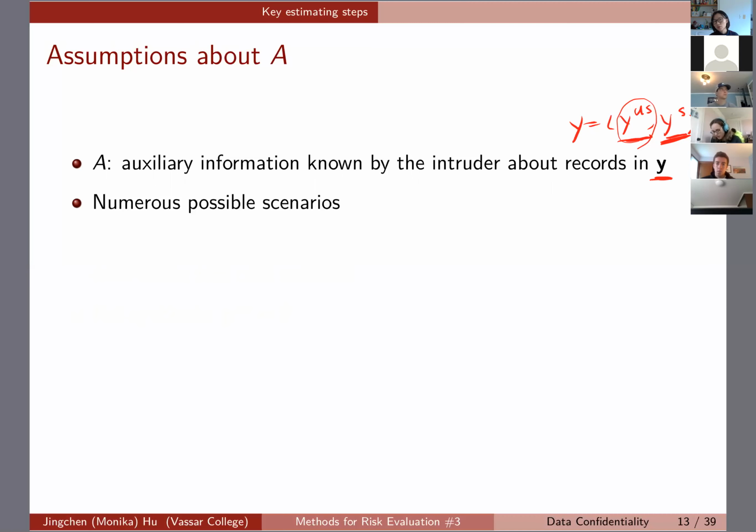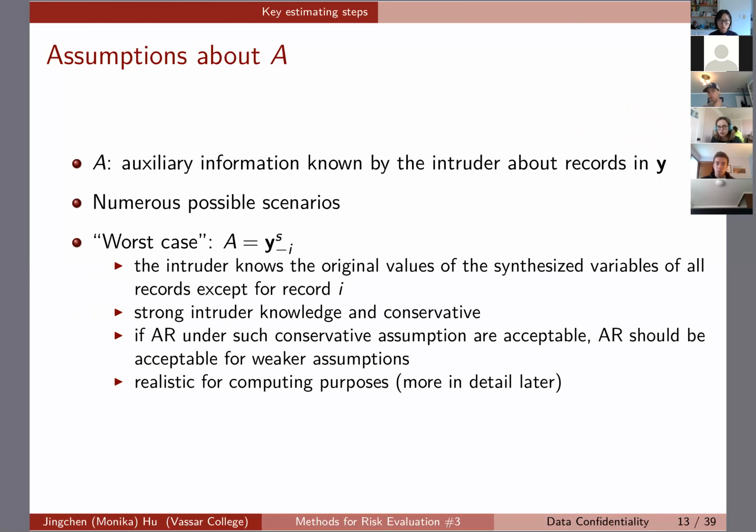As you have probably been guessing, there are numerous possible scenarios. The one we're proposing here is what we mean by super strong. We assume the worst case scenario: let's say the intruder now focuses on record i, trying to infer the true value of record i's synthesized value.